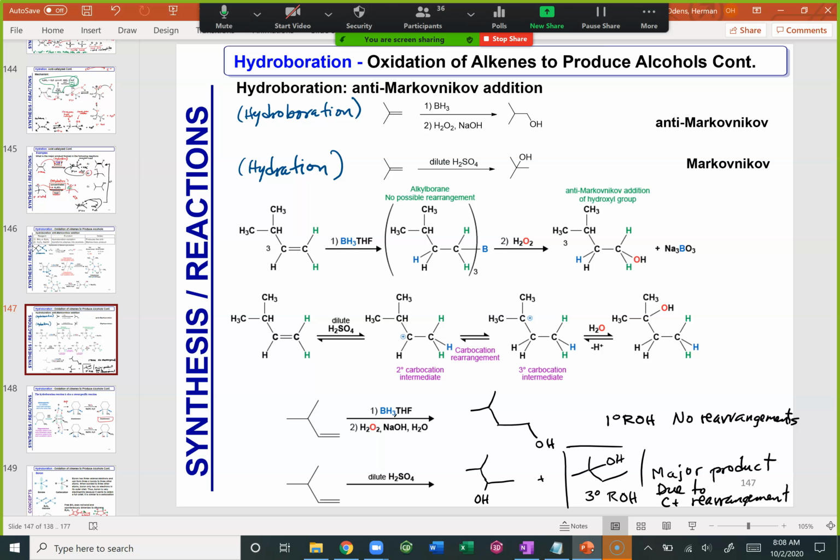Notice that here I give importance to the difference between hydroboration versus hydration. Starting from the same starting material, you get two different products, and these are major products in the reaction right here, these two. For the hydroboration, the OH always goes to the least substituted carbon, and for hydration, it goes to the most substituted carbon.